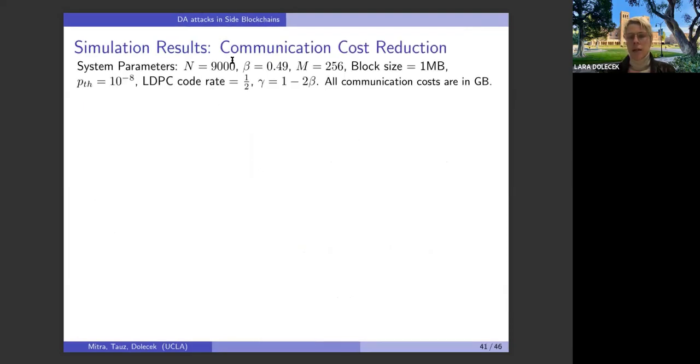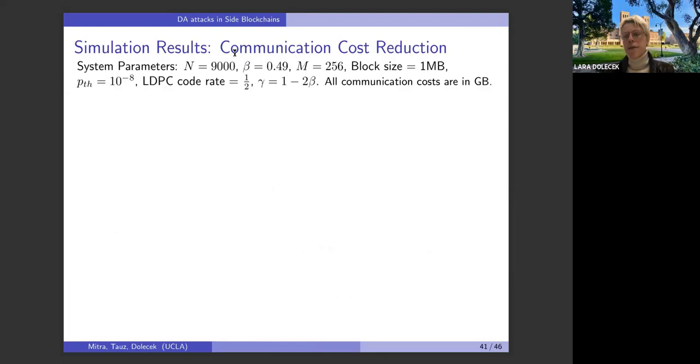Here we have n equals 9,000. This is the number of Oracle nodes. Beta 0.49 is the fraction of malicious Oracle nodes. M is the size of the code. Block size is 1 megabyte, and the threshold, that parameter that we use in our protocol, is set to 10 to the minus 8.